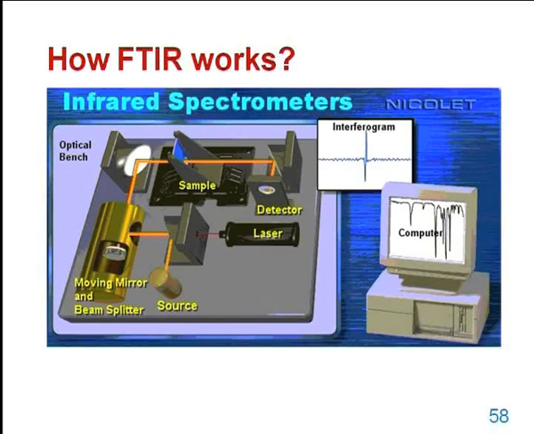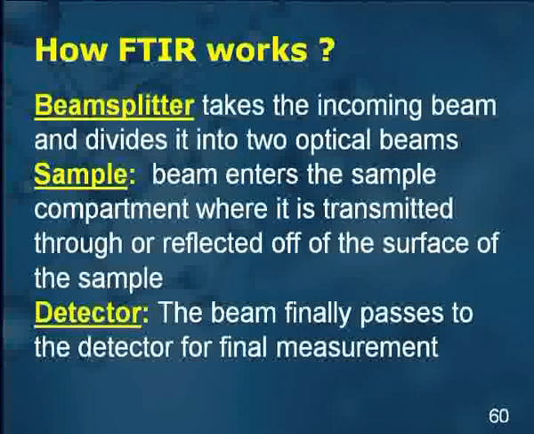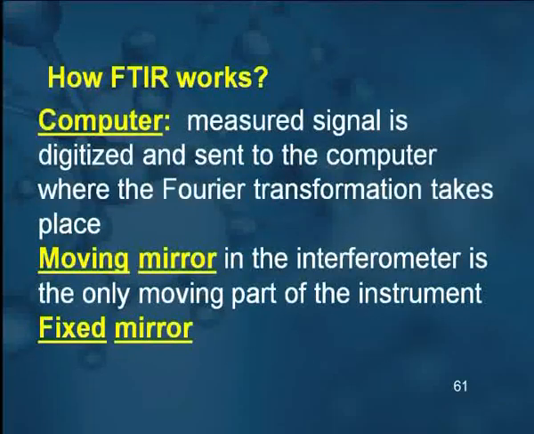On the screen we have the FTIR arrangement, and this is attached to the display unit which gives the output. So how does this FTIR work? FTIR requires basic parts. One is the source, second is the interferometer, then interferogram, beam splitter, sample, detector, computer, moving mirror and fixed mirror.